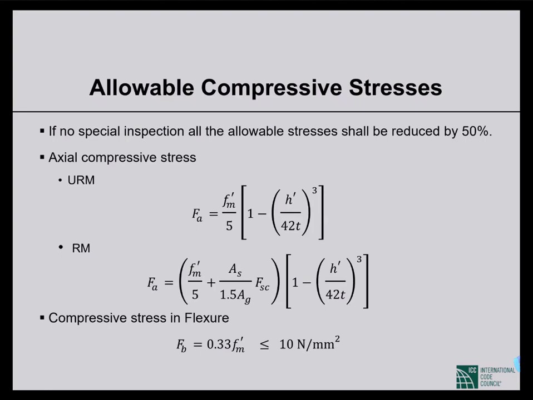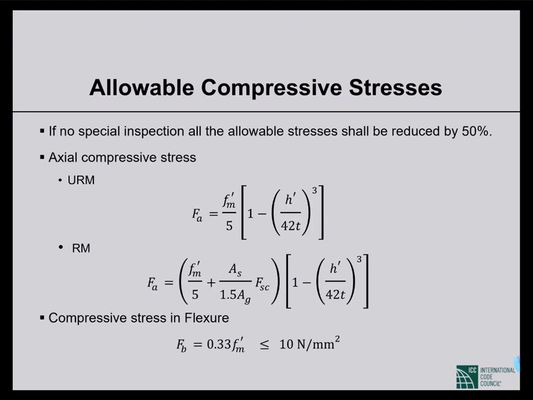So you see, normally fm prime is the 28-day masonry strength, and for URM we are dividing this by a factor of 5. So the factor of safety is like 5. Not only that, then we are subtracting this value depending on the slenderness ratio, and it depends cubically.